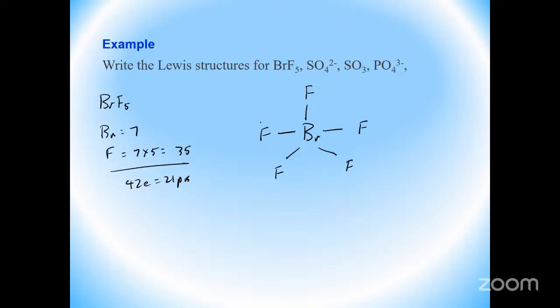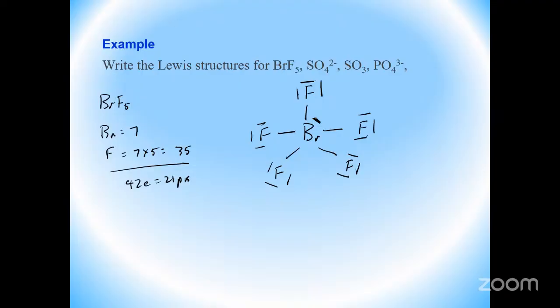Then the non-bonding pairs: 6, 7, 8, 9, 10, 11, 12, 13, 14, 15, 16, 17, 18, 19, 20. So we have assigned 20 of the 21 pairs so far. That means that the 21st pair will end up on the bromine.